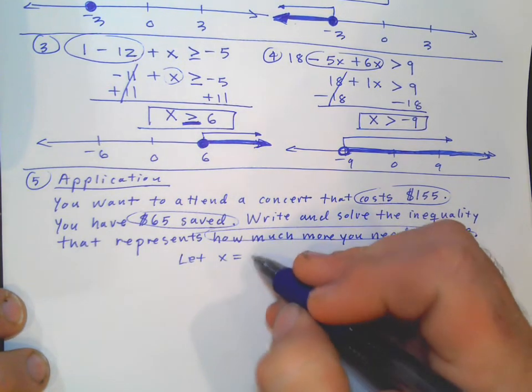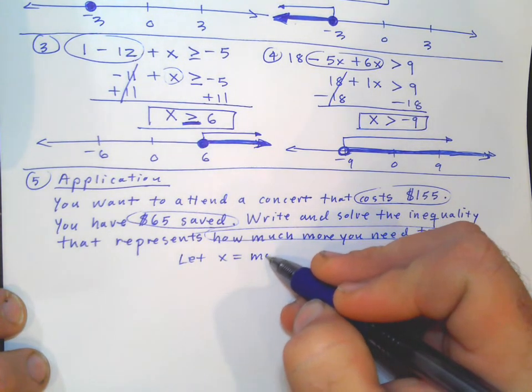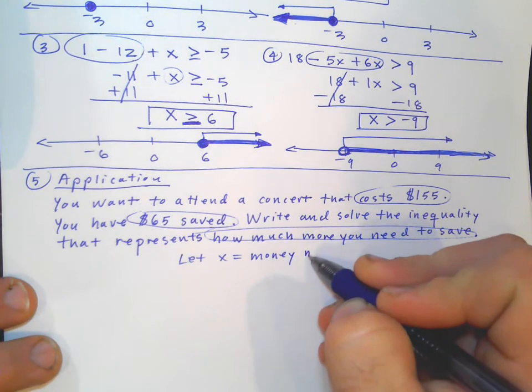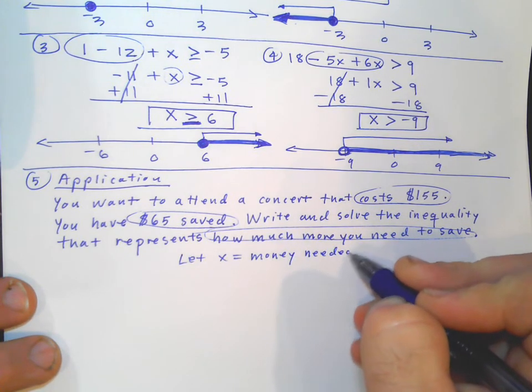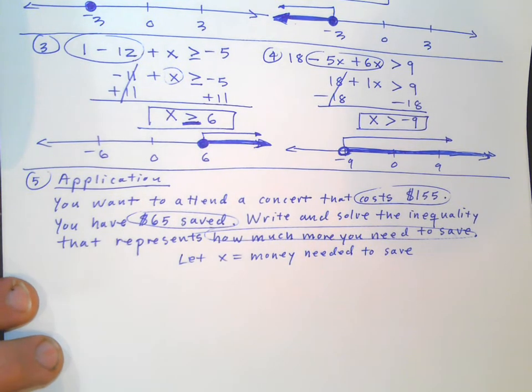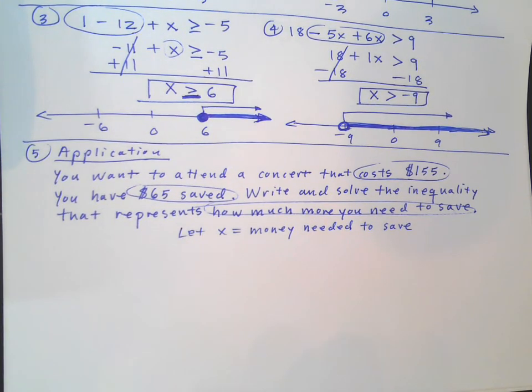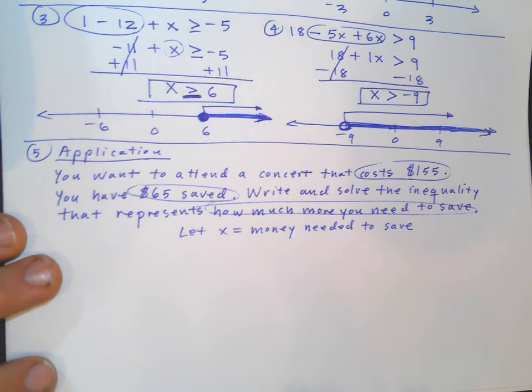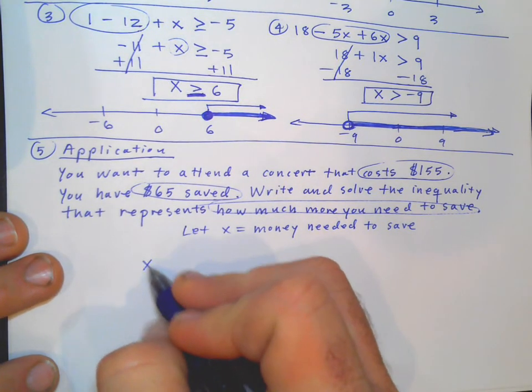So x is money needed to save. Money needed to save. Okay. Now, how do we write an expression for this? Well, there's the money you need to save, right?